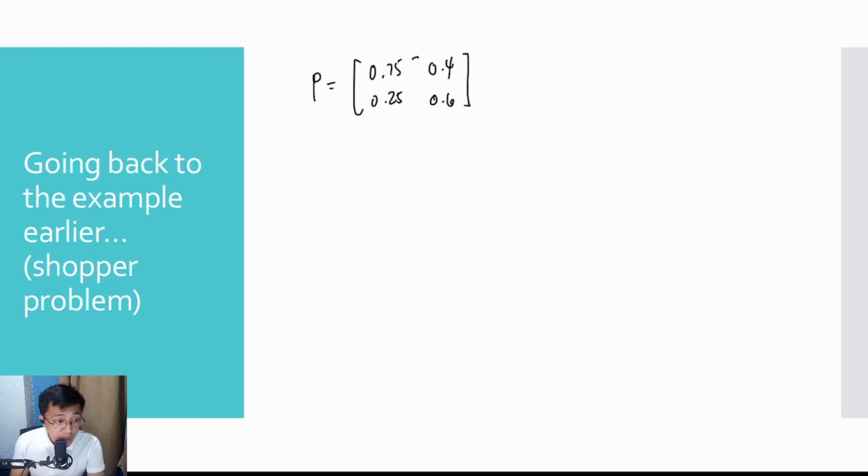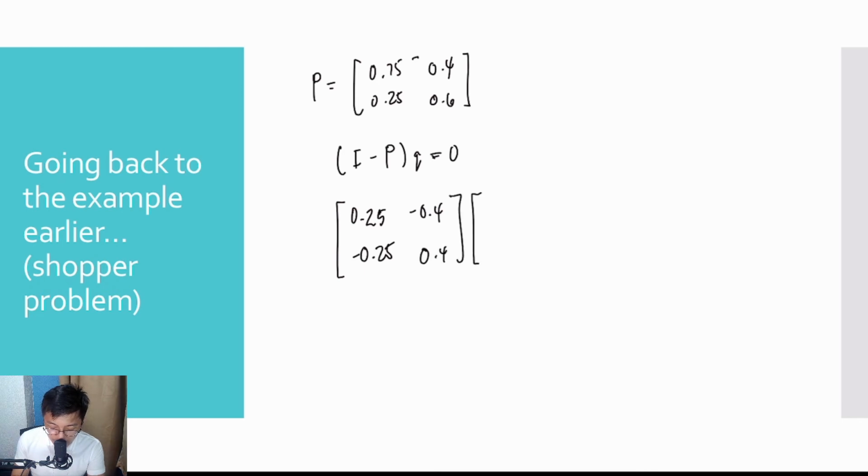Okay, so if we use the equation to get the steady state vector, we have I minus P times Q is equal to 0. So we will have this equation. So we have 0.25, negative 0.25, negative 0.4, and 0.4 multiplied by the elements of Q, which are Q sub 1 and Q sub 2.